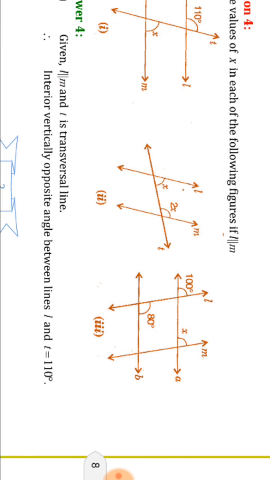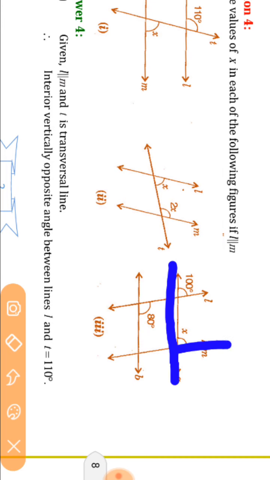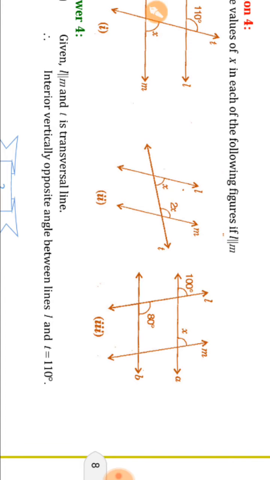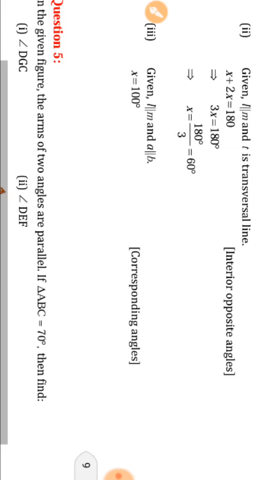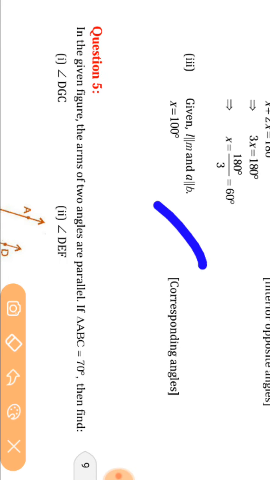This is the corresponding angles, 100. See, 100 because L and M are parallel lines. X is equal to, because these two are corresponding angles, so x is equal to 100 degree.